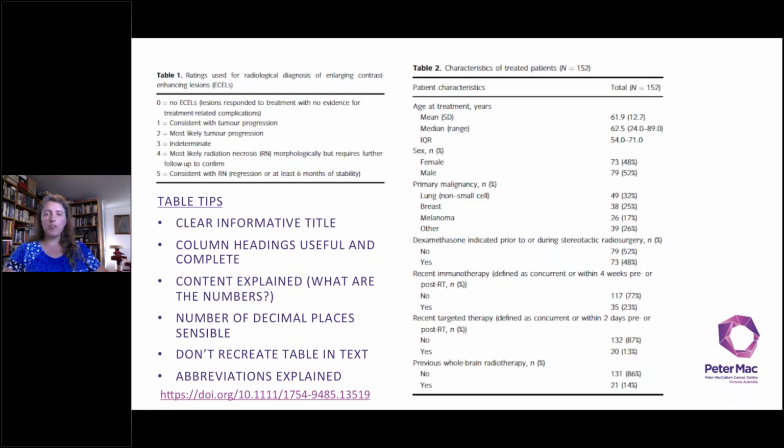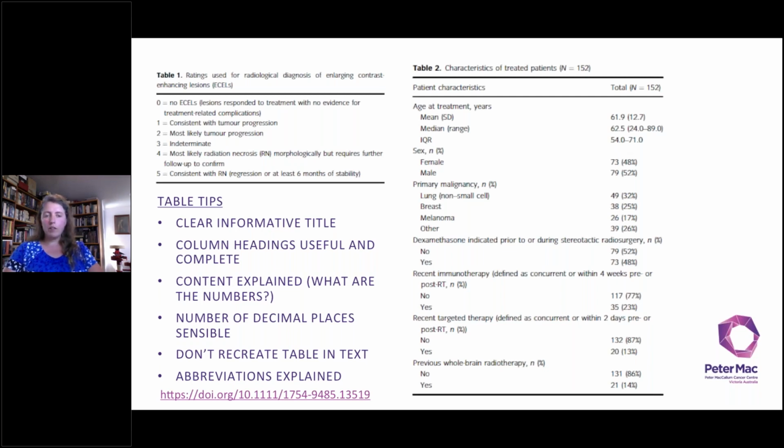It's appropriate to refer to the table within the text and potentially mention characteristics such as the age and the sex of the patients, but then you can reference the table to provide the additional information for readers. And similarly, you can provide pointing towards a table or a figure in an appendix or supplementary material.